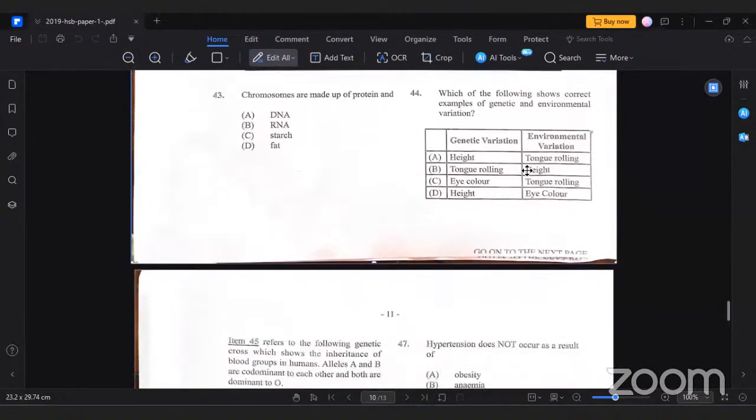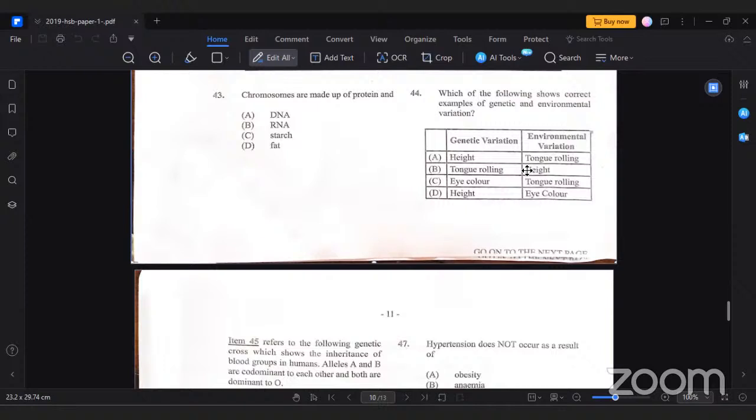Now we move on to 43. Chromosomes are made up of proteins and what? Send in your answers. I think there might be a little delay between me speaking and you hearing me.